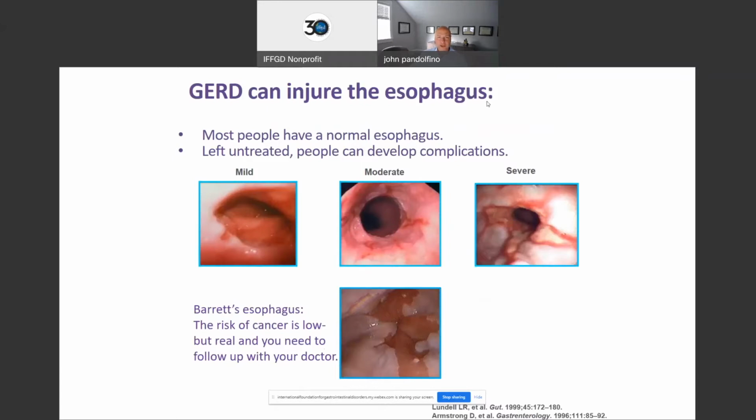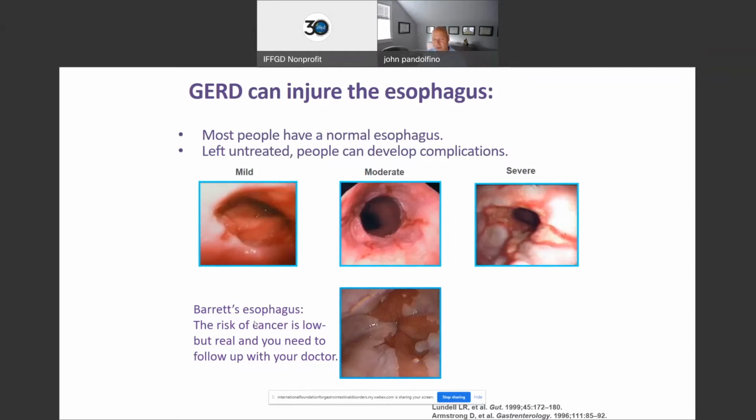Now, GERD can injure the esophagus, as we saw on that slide on the definition. It can have various degrees: some mild injury, moderate injury, and severe, where you see deep ulcerations all around the end of the esophagus. And then, as we mentioned, Barrett's esophagus, although it is a premalignant lesion, the risk of cancer is low, but you really need to make sure that you follow with your doctor.